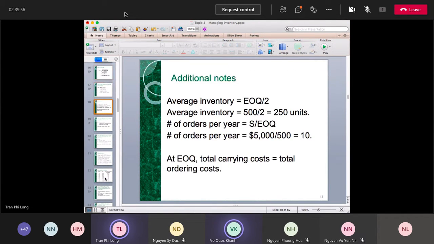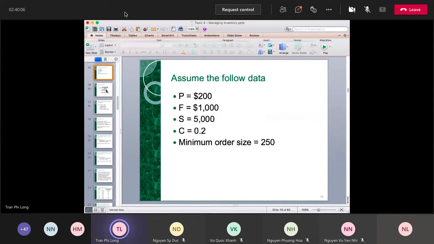I just want to ask, what is the point of the minimum ordering size? Okay, this one. You want to ask about this one, right? You don't need to use this information in our example. However, you will have to use this information if the Q star is smaller than 250.